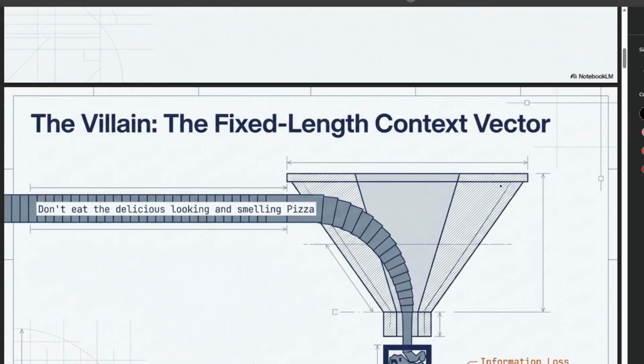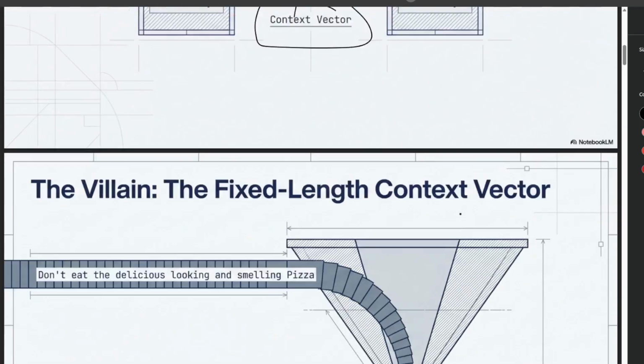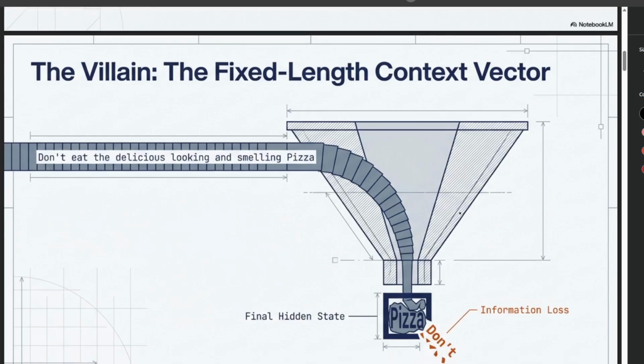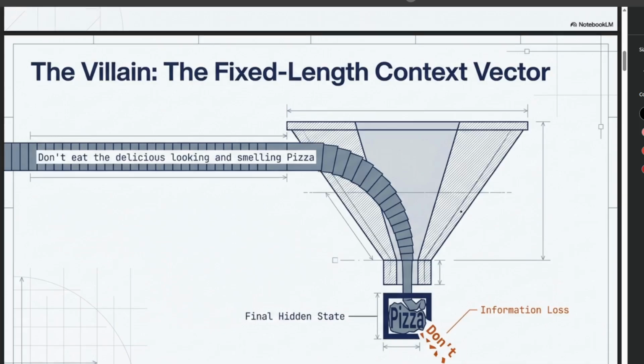But here lies a problem in the context vector. In a traditional RNN or an LSTM, the encoder reads the input token by token. So at the very end, it produces a single final hidden state, often called the context vector.